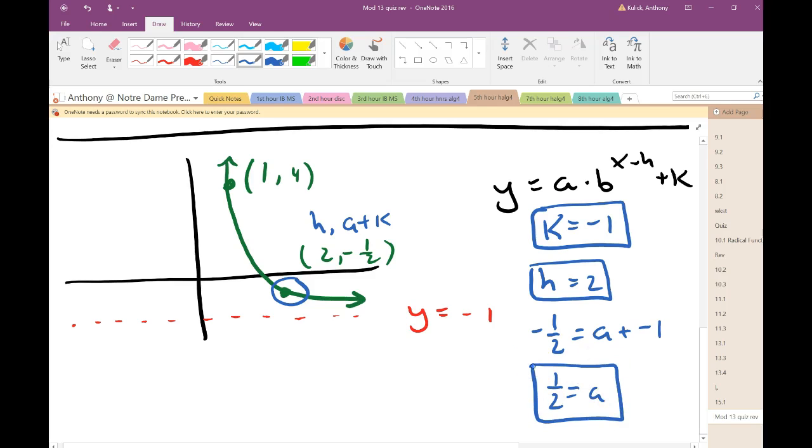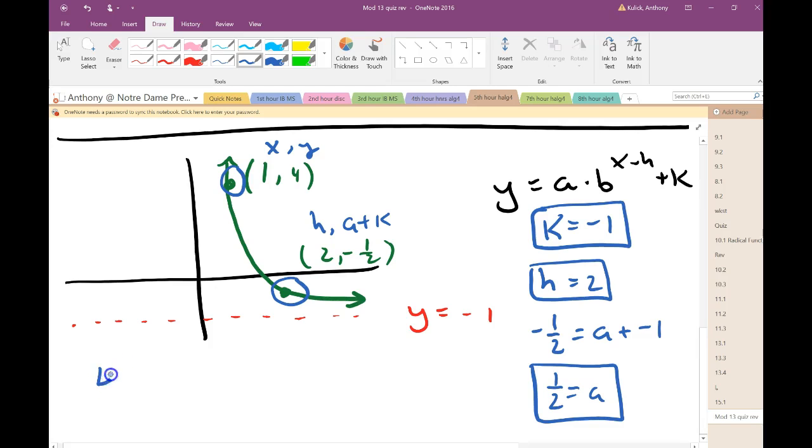So now I have my a, h, and k. Everybody happy with that? For k. Yep. So the last thing I'm left to solve for is b. I'm going to use the other point now, and I'm going to use that as an x and y to solve for b.